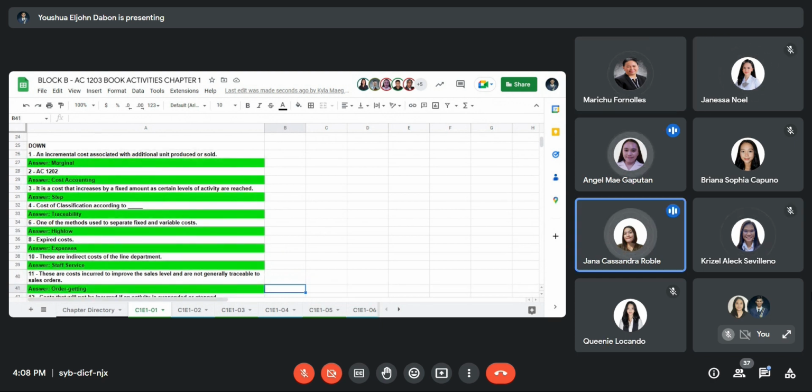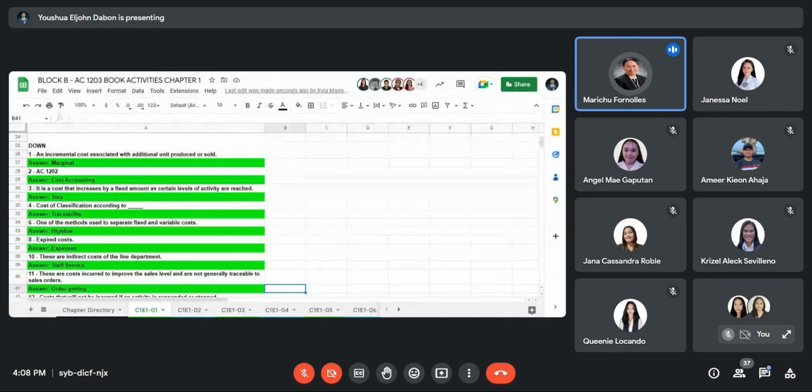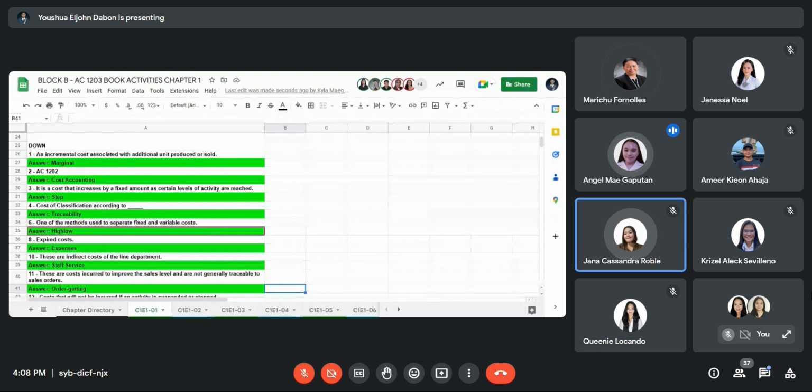Then number 4, traceability. Next, number 6, high-low.